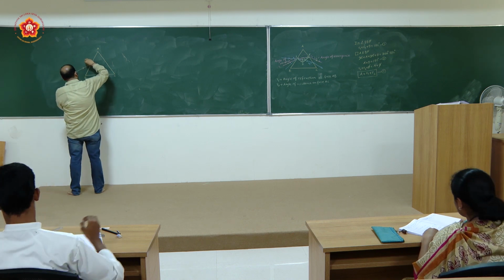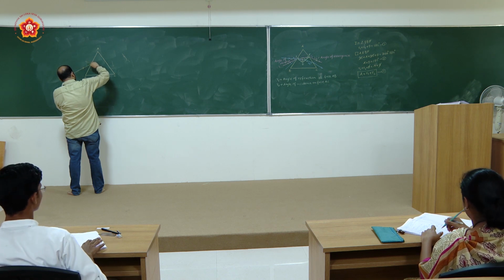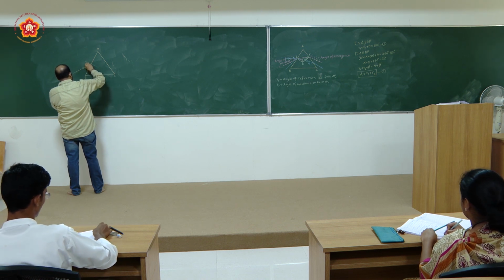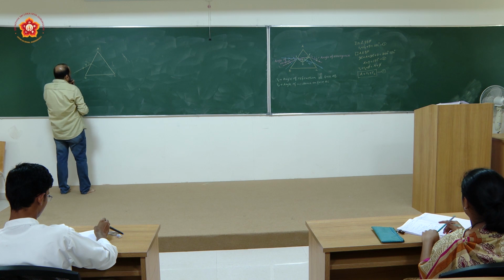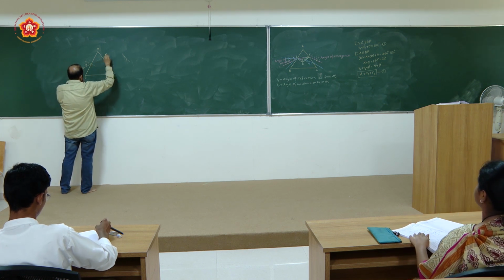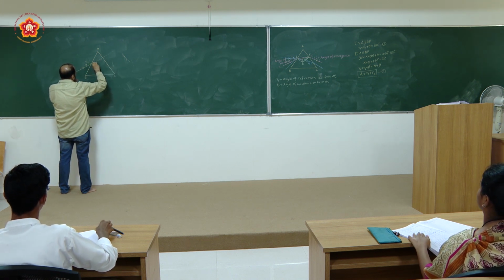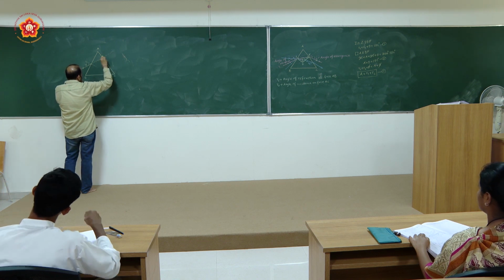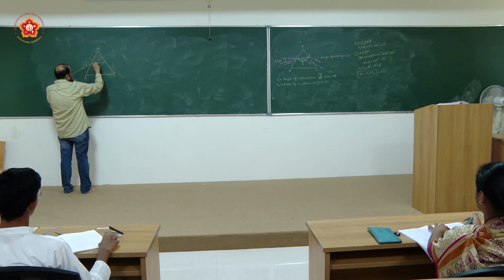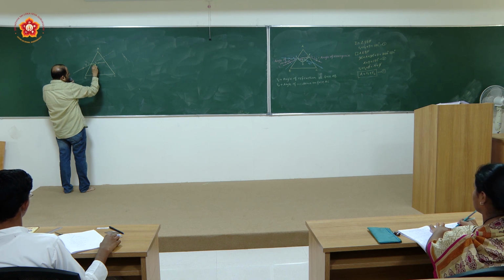At AB, you will be drawing the normal here. This represents the angle of incidence I1. The ray, instead of traveling along a straight line here, this is the original path of the ray of light. Instead of traveling along a straight line path here, it will be bending towards the normal. This is known as the angle of refraction R1.